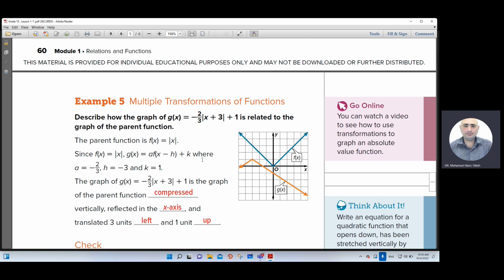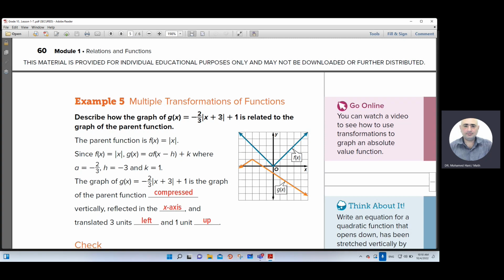And how do we know the reflection? We have here, as you see, the negative sign, which means the reflection is in the x-axis. And as you see here, the value of h in the standard form is negative, and here we see positive, so the value of h is negative.